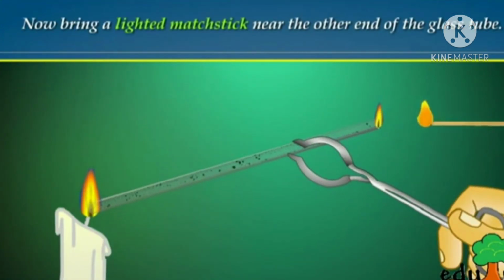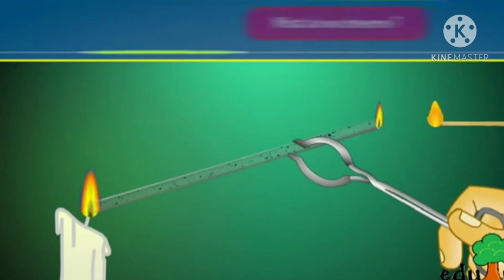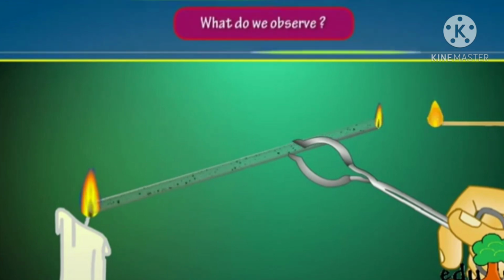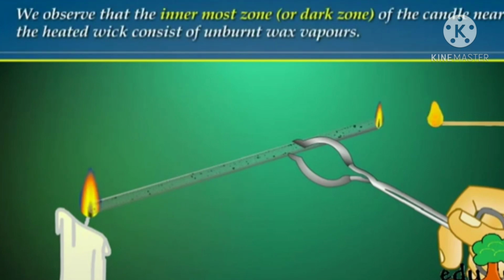Now bring a lighted matchstick near the other end of the glass tube. Do you see a flame caught at this end of the glass tube after a while? Yes. What do we observe then? Or why does this happen?